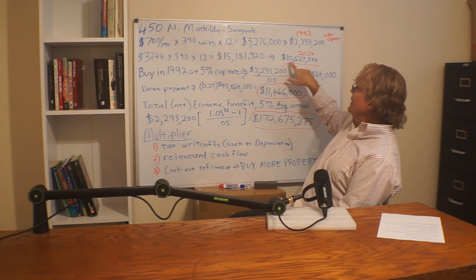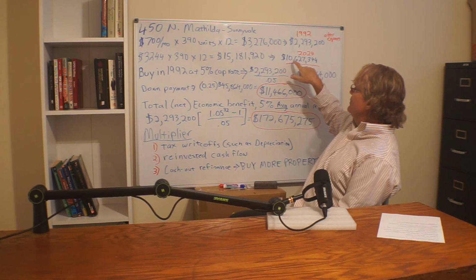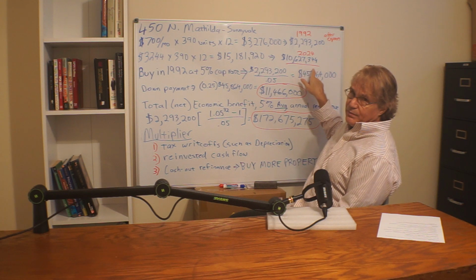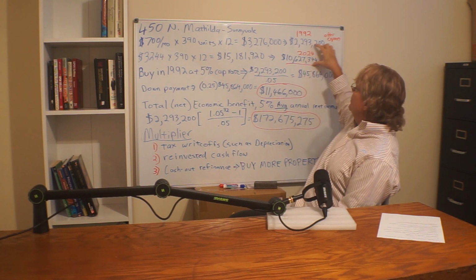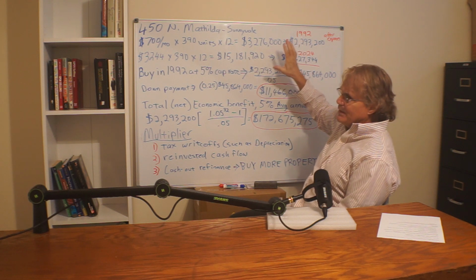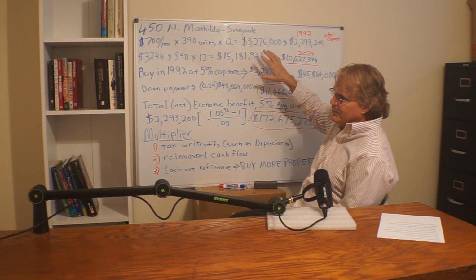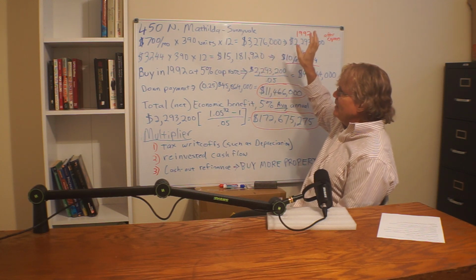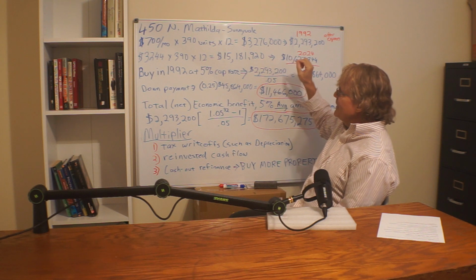The net operating income today is $10,627,344. Quite a jump from back then when we first lived there. Now, there's another assumption here about vacancy: that will play a role too, but I'm just assuming fully occupied through time.